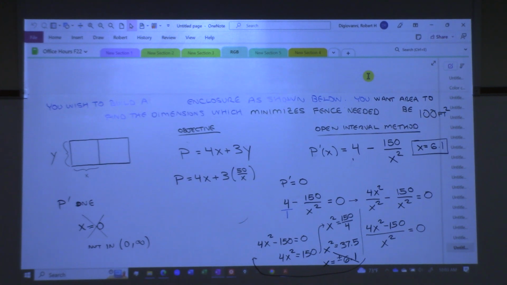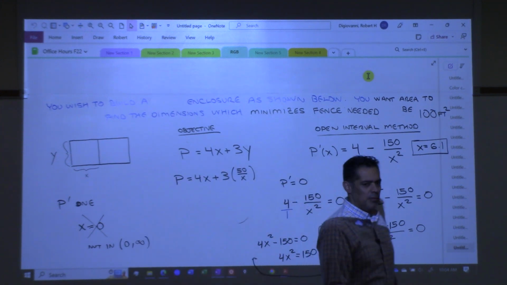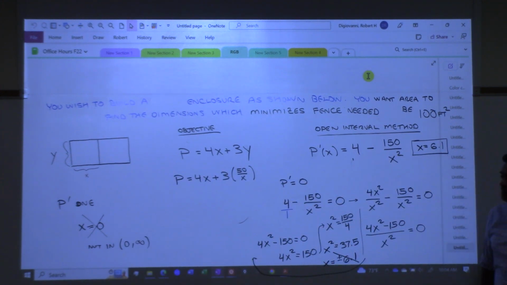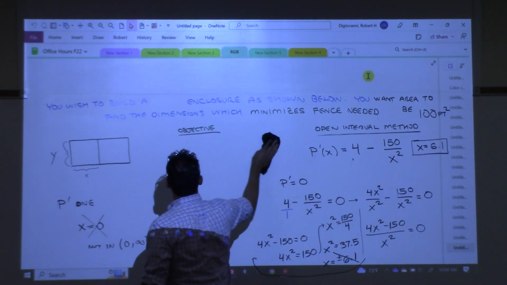What now? Open interval method. Not that into the derivative. Remember I had y'all do this, y'all promised me 3 times, we're going to do what? What gets plugged into the derivative? Test points. I need test points. How do I get test points? This is where we draw the number line, right? So I'm going to draw a number line.